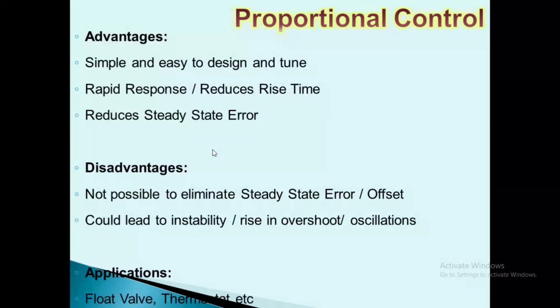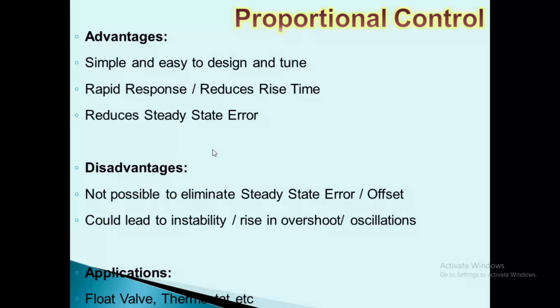Now, what are the advantages of proportional control? It is simple, and easy to design and tune. Its response is rapid, it reduces the rise time, and it reduces the steady state error. What are the disadvantages? It is not possible to eliminate steady state error completely.